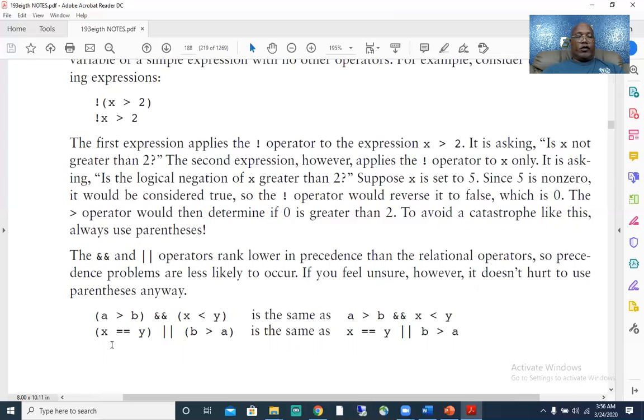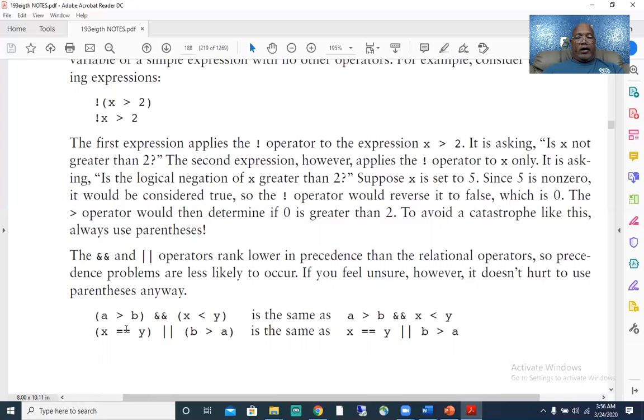So if we look at this, A greater than B and X less than Y, you would have to do A greater than B, solve it, X less than Y, solve it, and then whether this is true or false, whether this is true or false, you place it in your AND table.